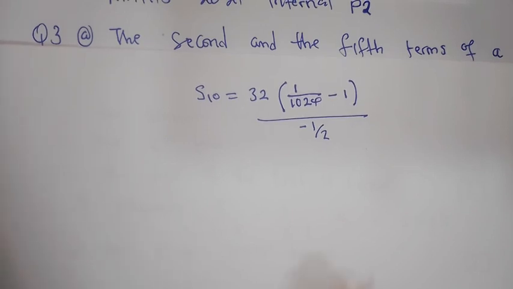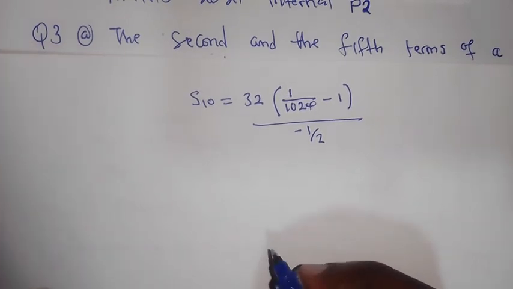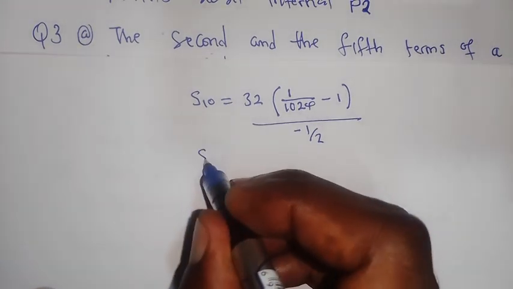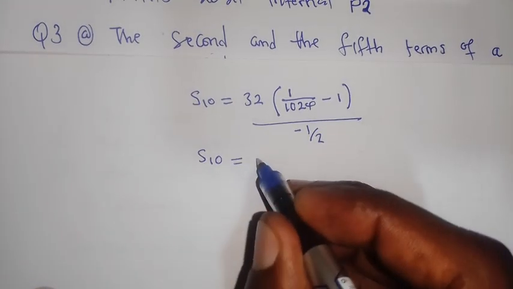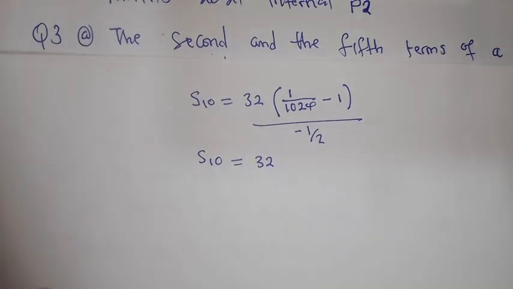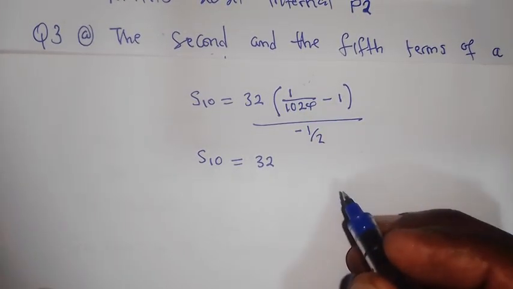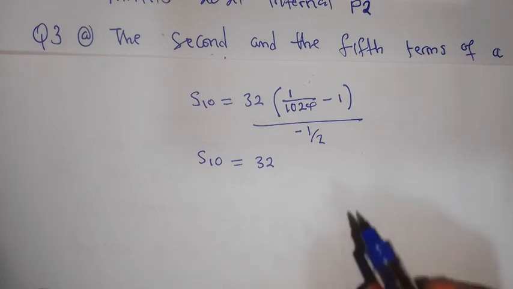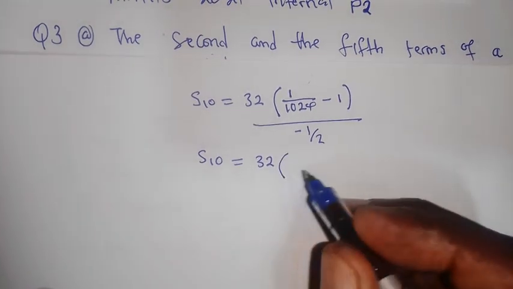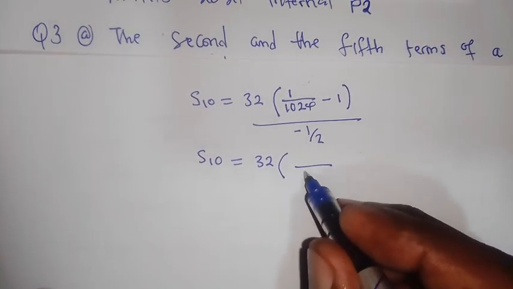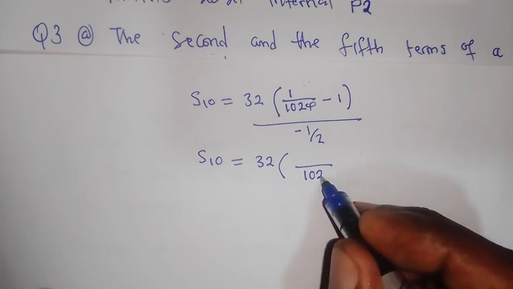So from there, S10 will be equal to 32, and then inside here, once you evaluate, we are going to have something like this over 10 to the power 4.